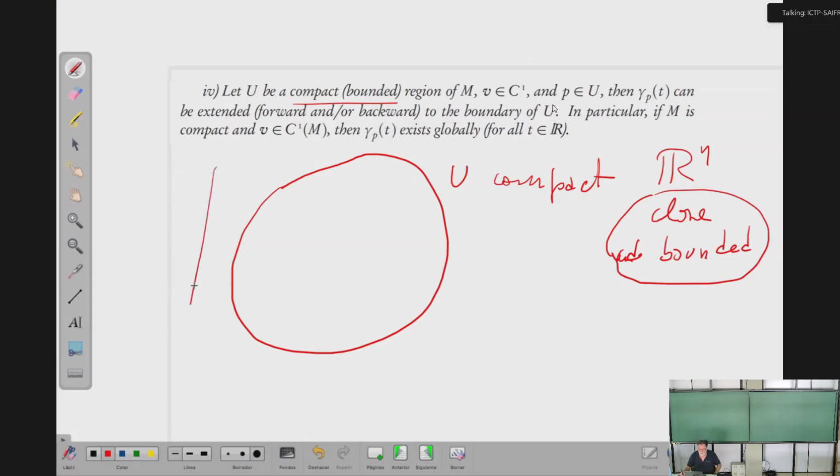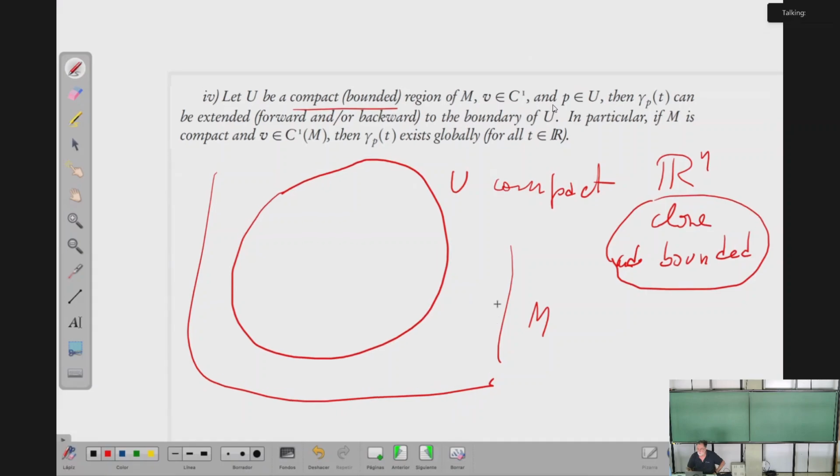So if we have a region of the space M which is compact, and in this region B is defined at every point, and it's C1 in this region, and we take any point P here, then the curve that goes through this point, gamma of P, can be extended forward and backward to the boundary of U.